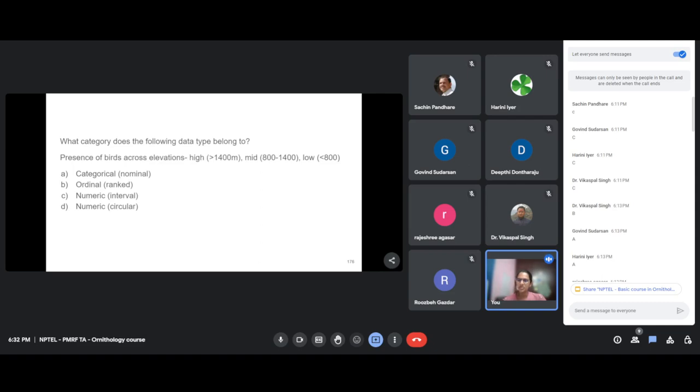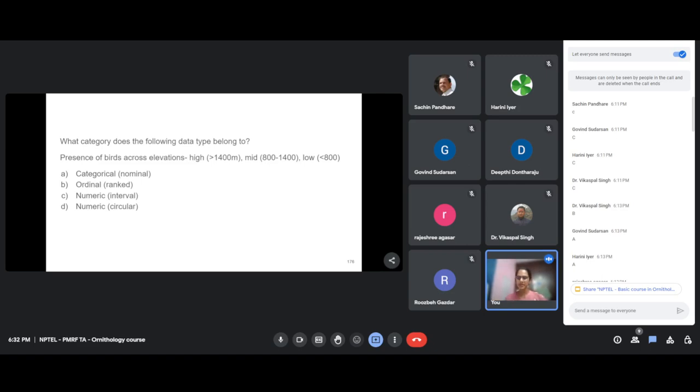Okay, so now when you have presence of birds across elevations, I think some of you got a bit confused in this part. The actual answer is it is categorical, because I mentioned it is categorical, but it can be ranked. I have given you categories, and the categories are specified by a certain range.